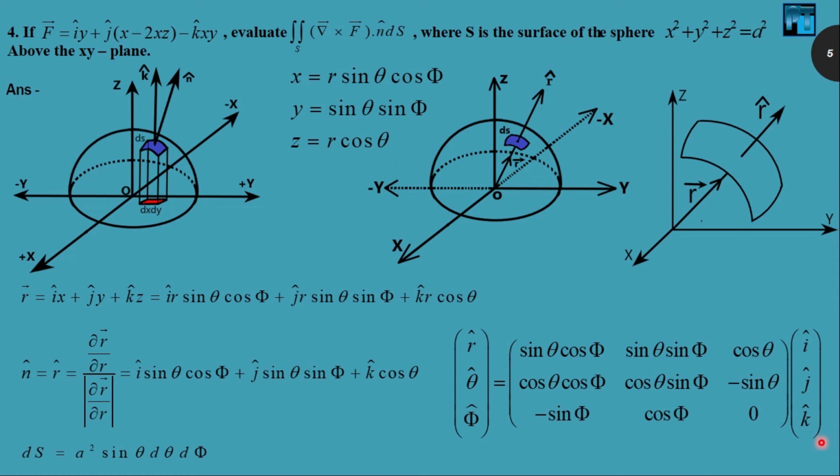Now I cannot explain how this matrix is formed, because spherical polar coordinates and cylindrical polar coordinates are two separate topics, and if I start the explanations here, then this will be a one or two hour long lecture.